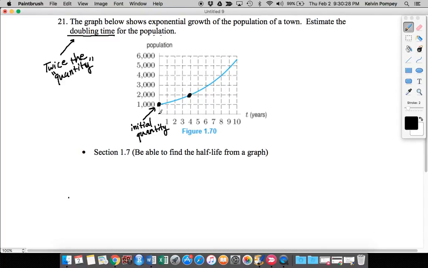And the amount of time it takes to go from the initial amount, 1,000, to 2,000 is 4 years, right? There isn't any work to show here. The interesting thing is that I didn't have to use this initial point.